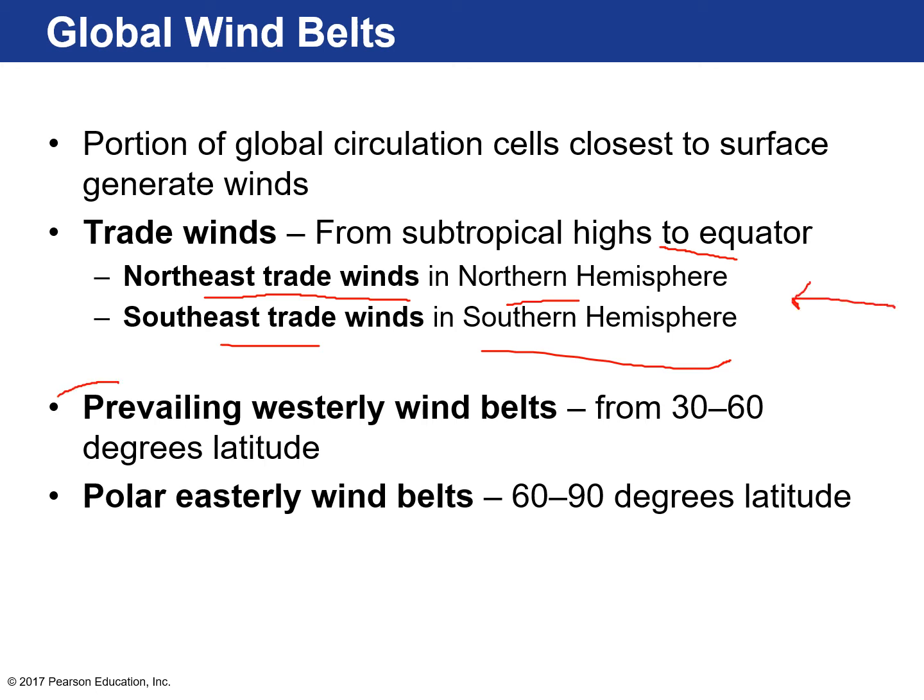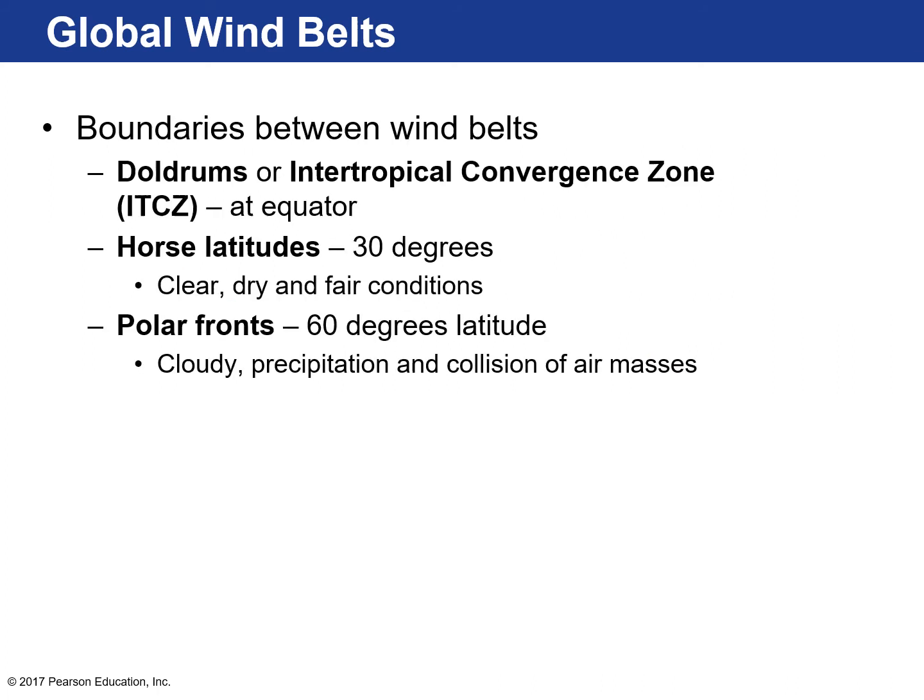Then north of that, from 30 to 60 degrees north and south of the equator, there are the prevailing westerly wind belts, and they blow in the other direction, from west towards east. And then there are the polar easterly wind belts, which are further north, 60 to 90 degrees latitude.